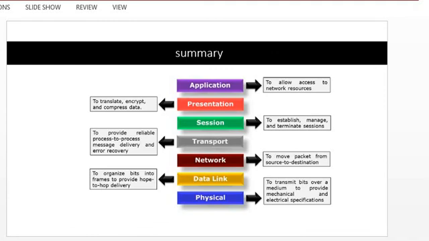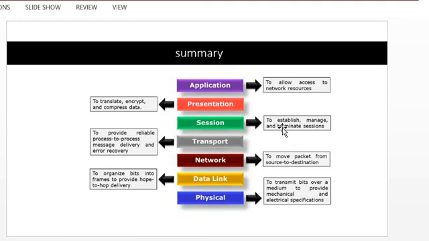And this is more of a summary of the OSI reference model. Like I said, the application layer, I'm using these applications, the PowerPoint, whatever software that I'm using to allow me to access network resources, the web browsers that I'm going to use.